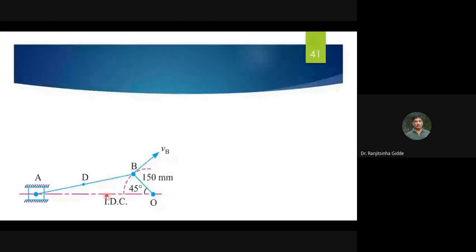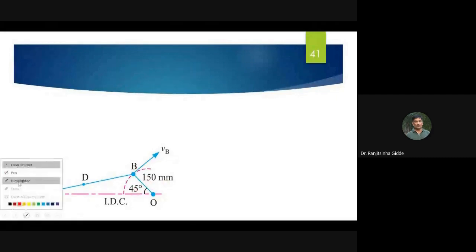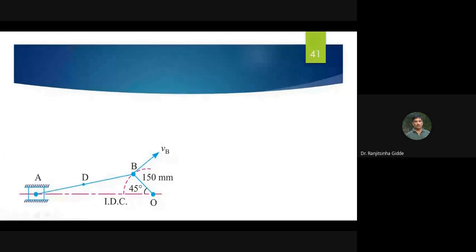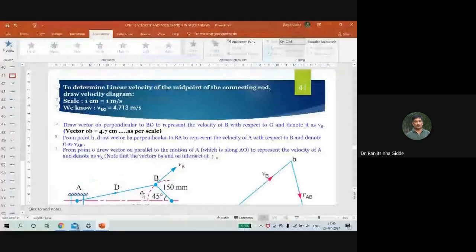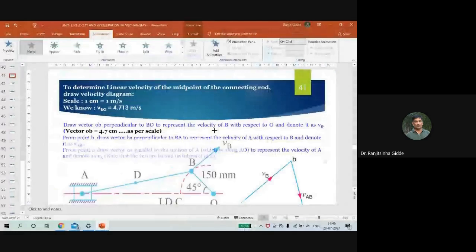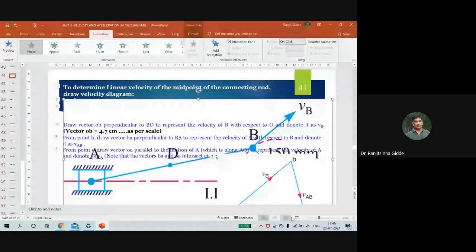So suppose this is the given mechanism, and if this is the crank, listen carefully. Those who listen carefully will get the answer regarding the MCQ. And if this link is given, I will enlarge this figure. So why it is important? That's why I'm repeating this content.